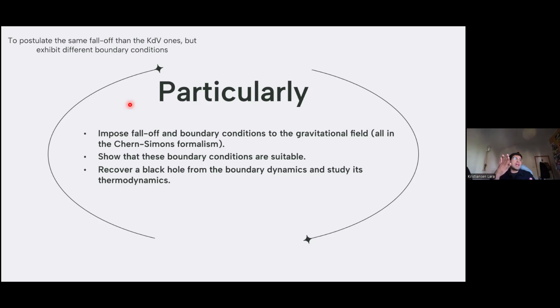If you are moving fast or slow, the physics that you experience from the vibrating string will be different. Here we are going to do, in some sense, the same. So I'm going to say it in Spanish.